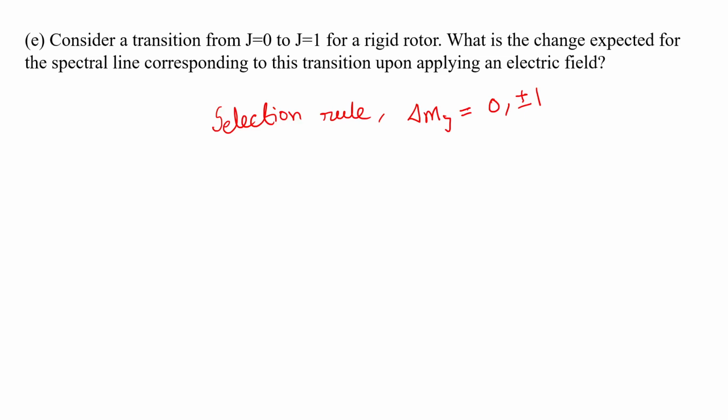So you are going to see three lines. Earlier, when there was no external field, we expected one line, but now you are going to expect three lines. And this is what is known as the Stark effect. But this B only depends on J. It will not depend on your M.